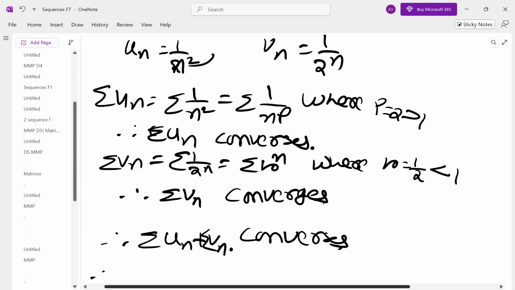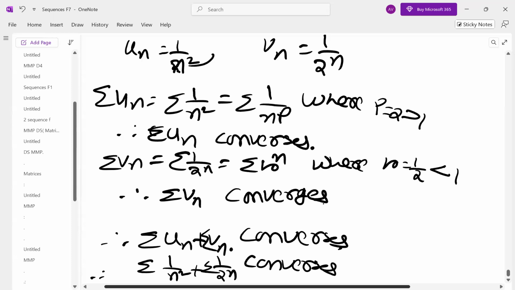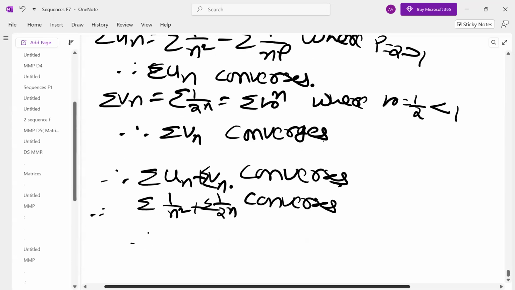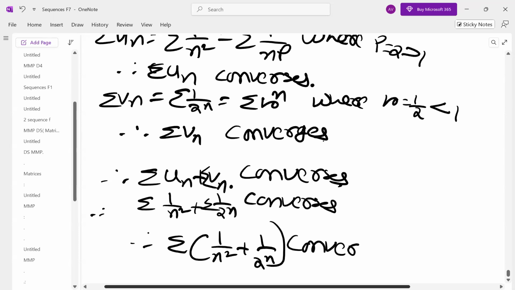Therefore, 1 by n square plus 1 by 2 power n converges. So like this, you can apply algebra and then do it.